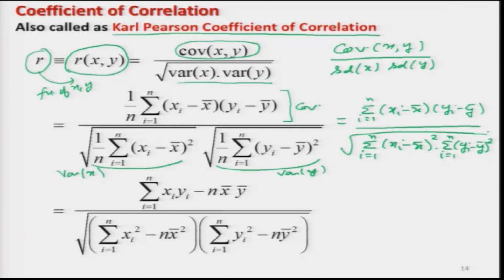Right, and if you simplify it further, then the numerator will become summation xi yi minus n times x bar y bar, and in the denominator, summation of xi minus x bar square will become summation i goes from 1 to n of xi square minus n times x bar square, and similarly the variance of y will become summation yi square minus n times y bar square.